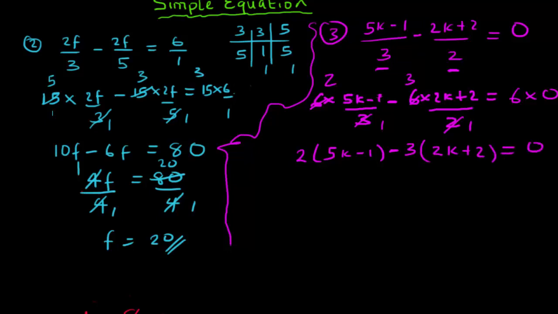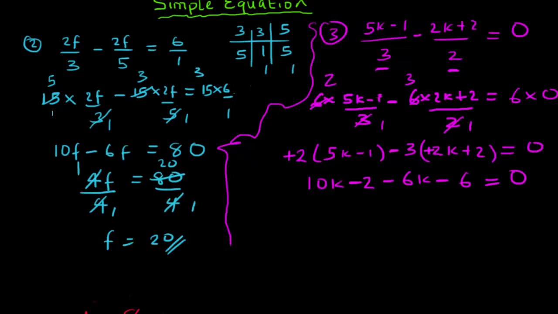Now let's open the brackets. 2 times 5k is 10k. I told you in the past video that there's an invisible plus here. Plus times minus is minus, 2 times 1 is 2. There's an invisible plus here; minus times plus is minus, 3 times 2k is 6k. Minus times plus is minus, 3 times 2 is 6, equals 0.